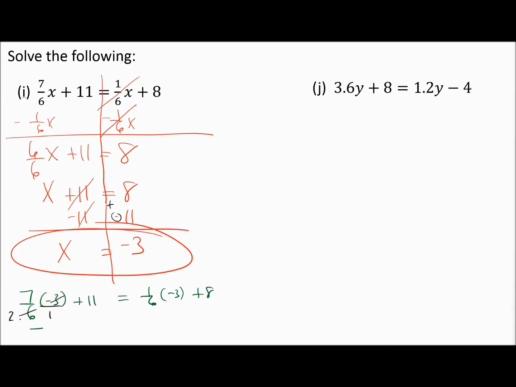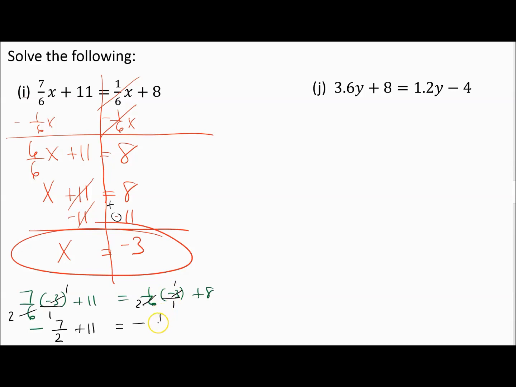So I have negative 7 times 1 is 7 halves plus 11 equals, now over here, this negative 3 is over 1. This positive times this negative is a negative. And then this 3 and this 3 and 6 leaves a 1 and a 2.